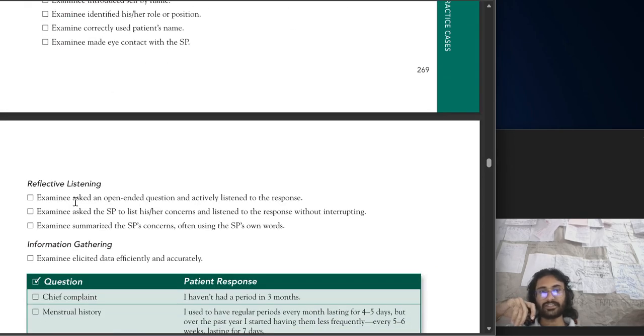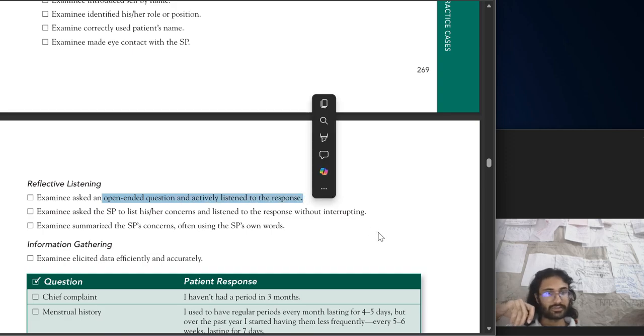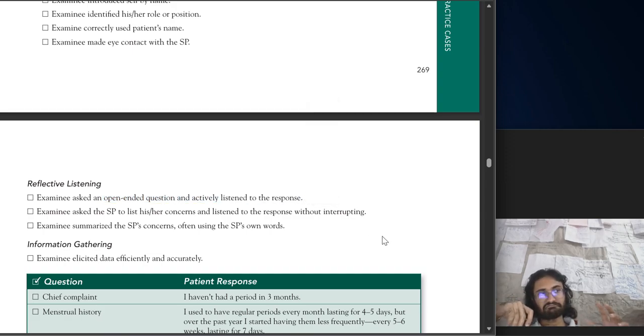Next, reflective listening is what you would be checked on. The examinee asks an open-ended question and actively listens to the response. You should not cut the statement of the patient. Let him explain everything, what problems he's suffering from, and why he or she has come to the hospital.